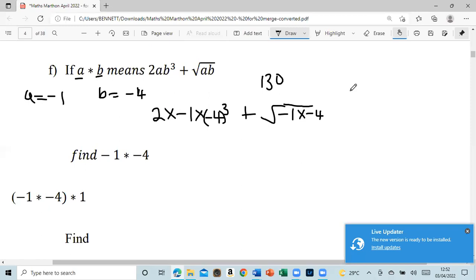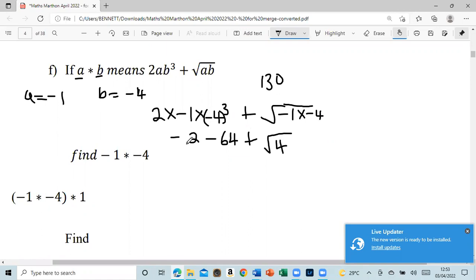So -4 times -4 times -4 will give you -64. Everyone agree with that? 2 times -1 will give you -2. So this part here now works out to, well, no, it's going to give you the square root of 4. Negative times a negative, that's positive, right?